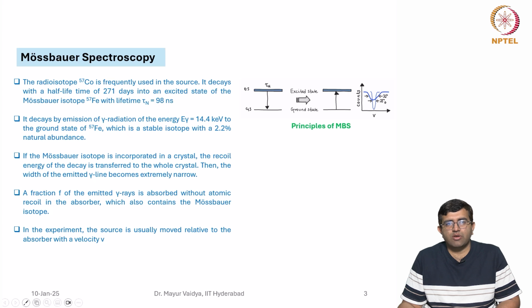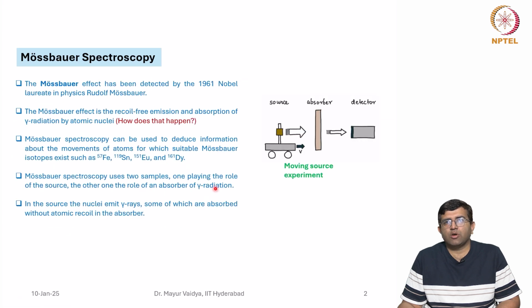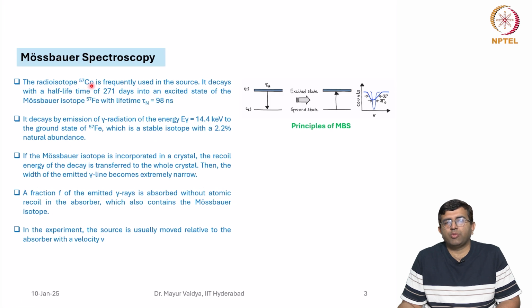So, in the previous figure, what we saw, the source contains this isotope 57Co, which when it decays goes to the excited level of iron 57.